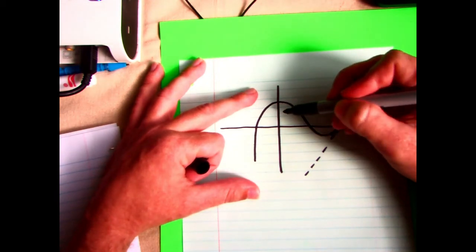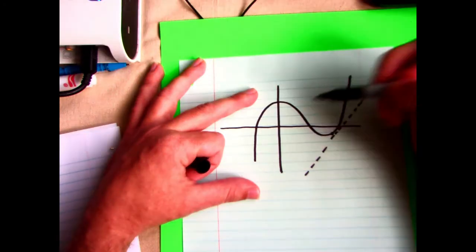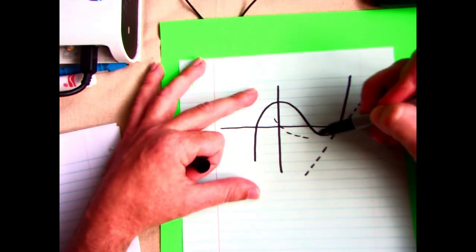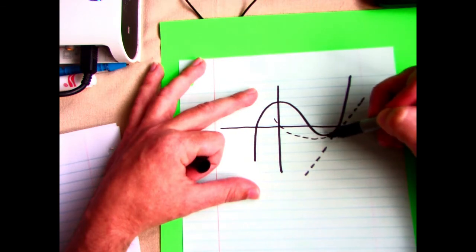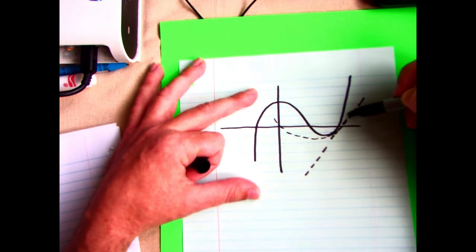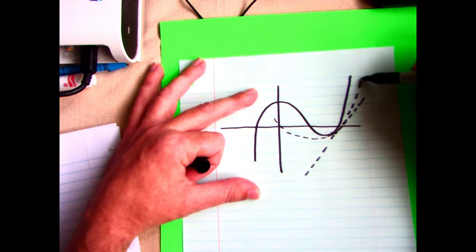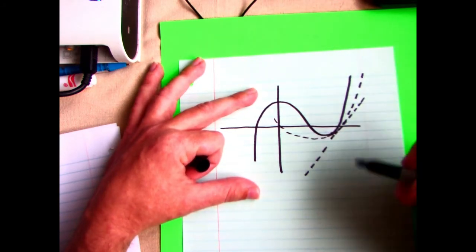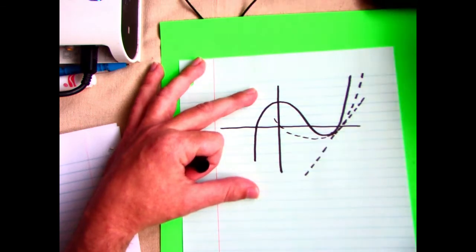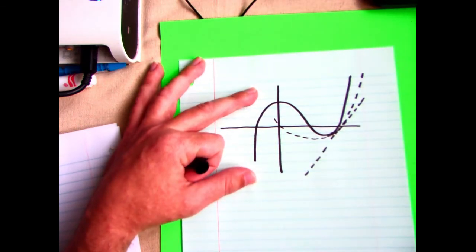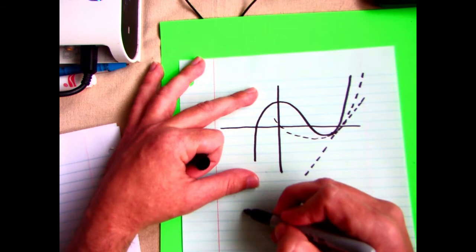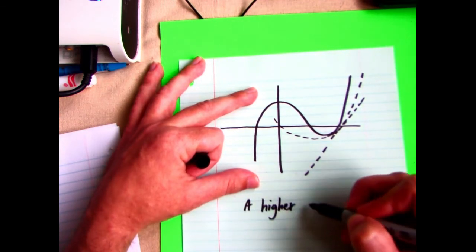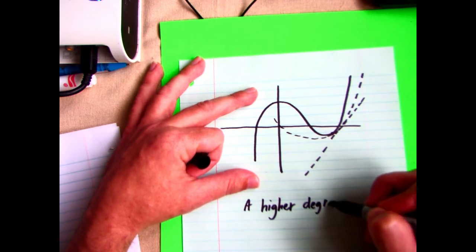Well, what if I wanted to go a degree higher? How would it look if I had a parabola that was used to approximate values around that tangent point? Well, that would be a degree 2 approximation. So a higher degree approximation.